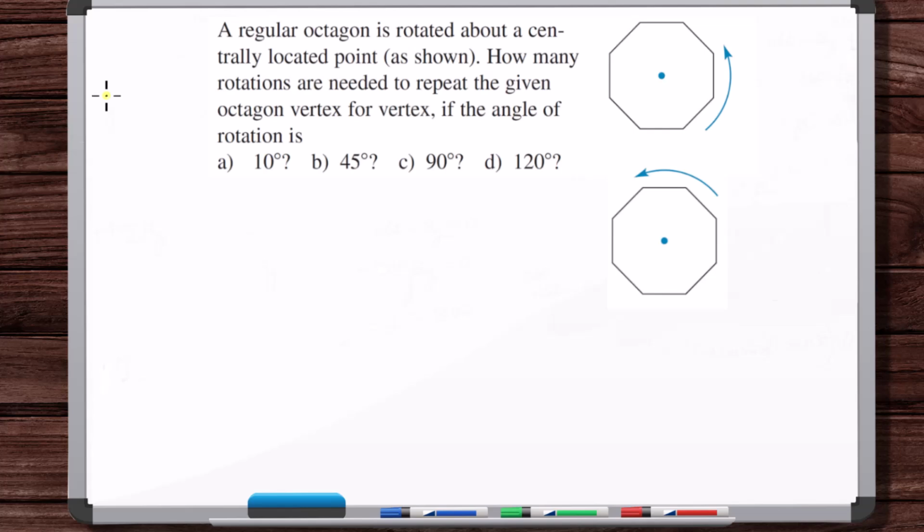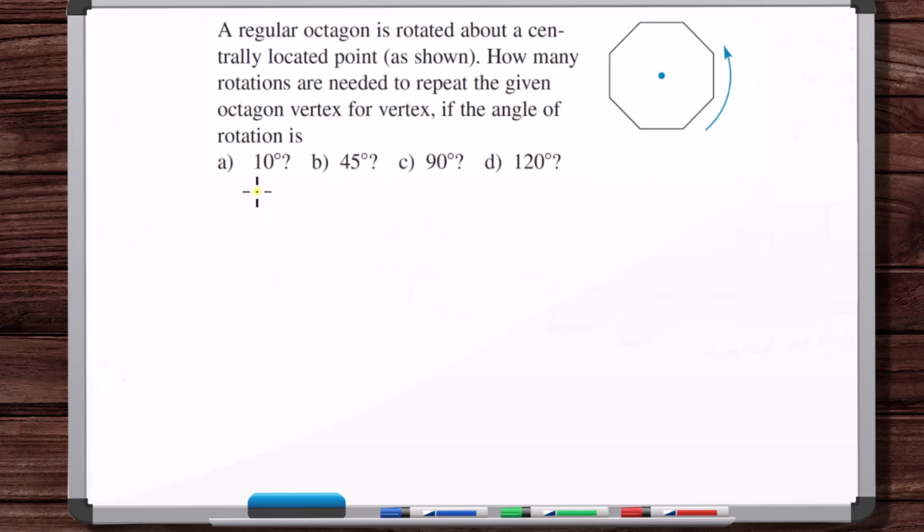But if we're talking about vertex for vertex, it's always going to be a 360-degree rotation to get a truly equivalent figure, even as far as the orientation of the corresponding points being in the same spot. So it doesn't matter that we have an octagon here. It's the same problem: how many times do you need to apply a 10-degree rotation to get to either 360 degrees or some integer multiple of 360?